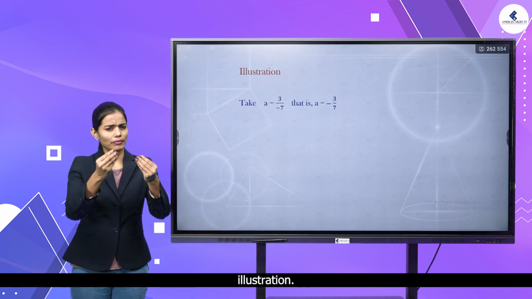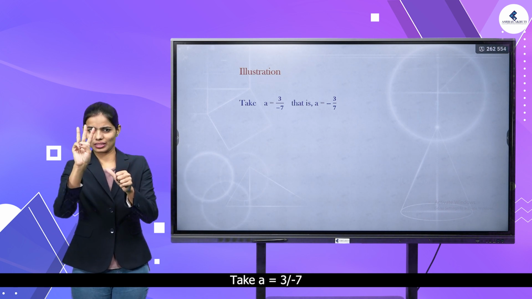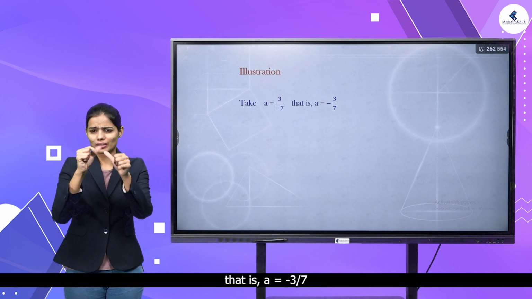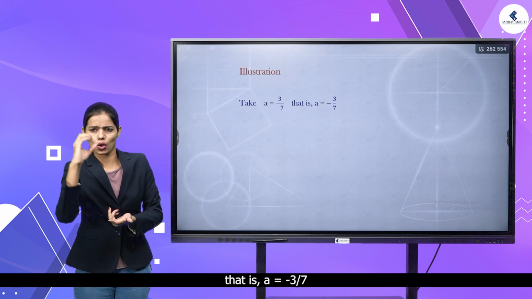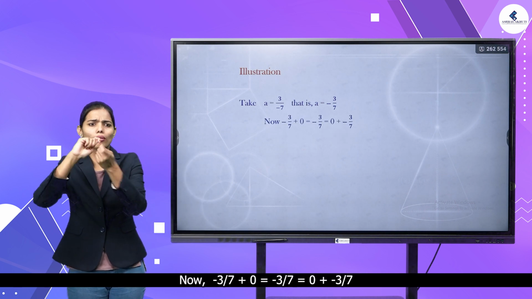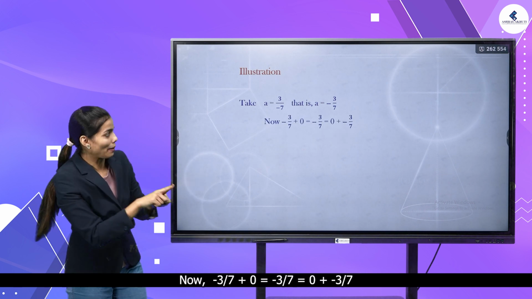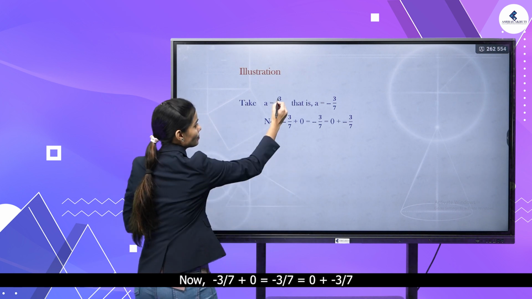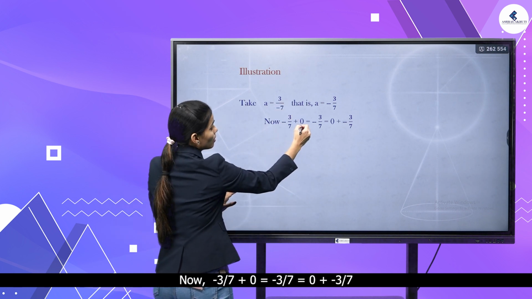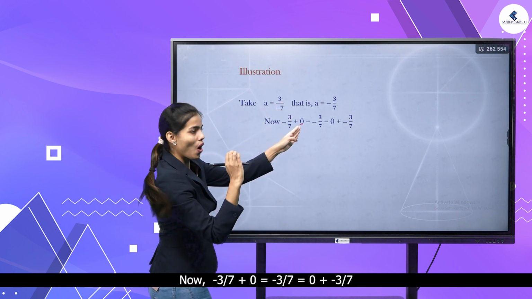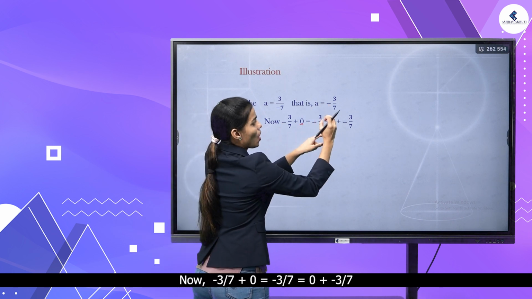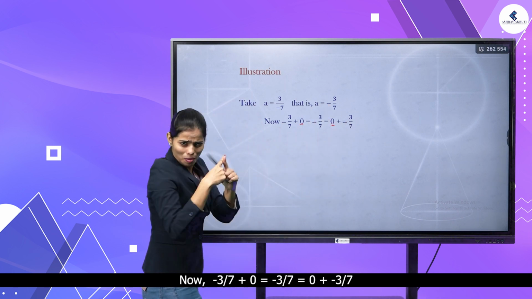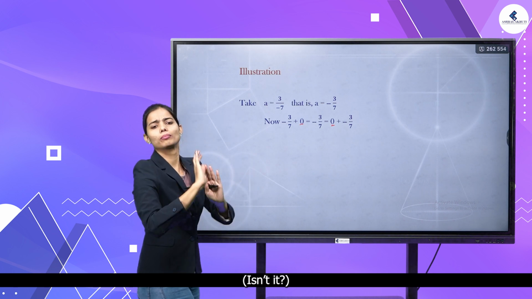Illustration. Take a is equal to 3 by minus 7, that is a is equal to minus 3 by 7. Now, minus 3 by 7 plus 0 is equal to minus 3 by 7 is equal to 0 plus minus 3 by 7. Isn't it?